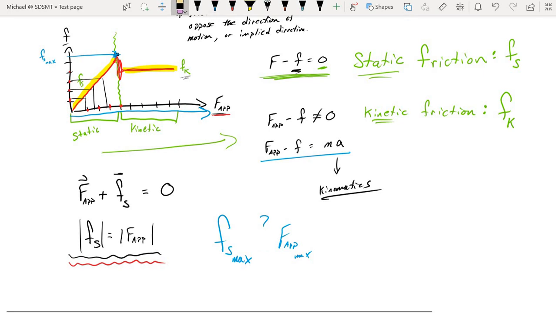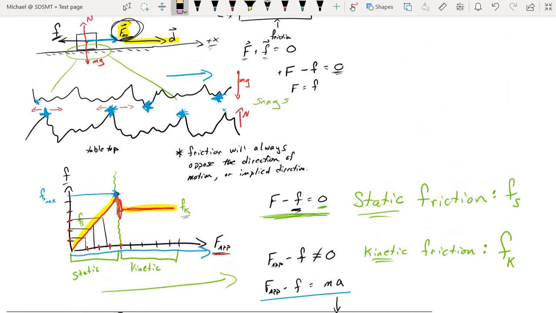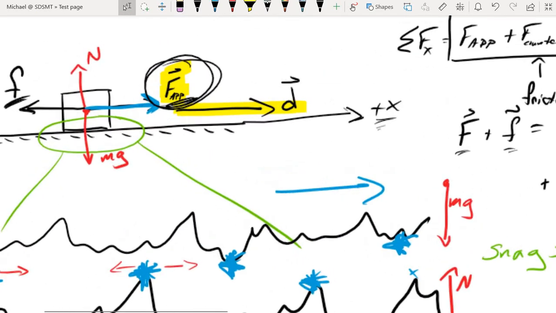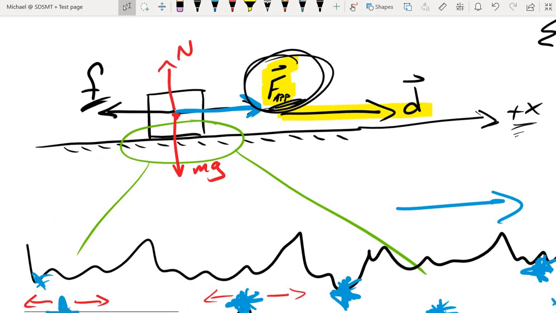So this is not going to be how we figure out what the maximum static friction is. We could go through some kind of testing process where we keep applying more and more force to our mass until it eventually does start to move.